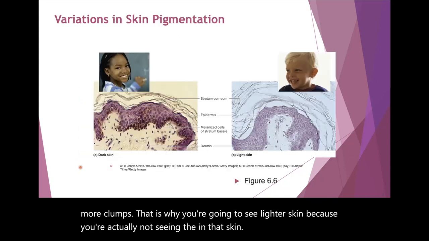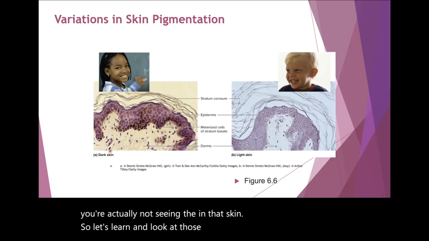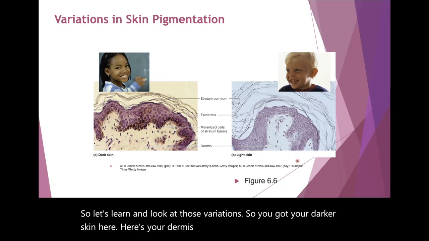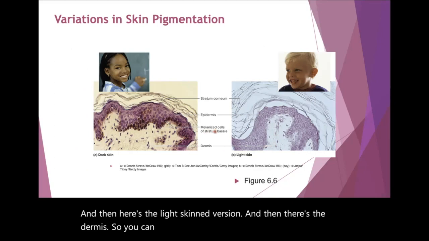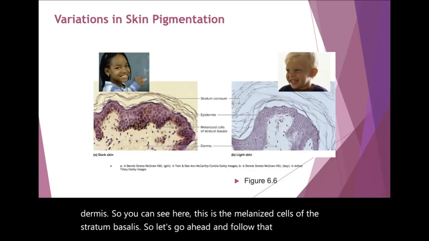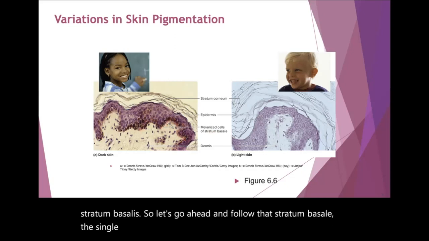Let's look at those variations. You've got your darker skin here, here's your dermis, and then here's the light skin version, and here's the dermis. You can see here the melanized cells of the stratum basale. Let's follow that stratum basale, the single individual layer, all throughout.